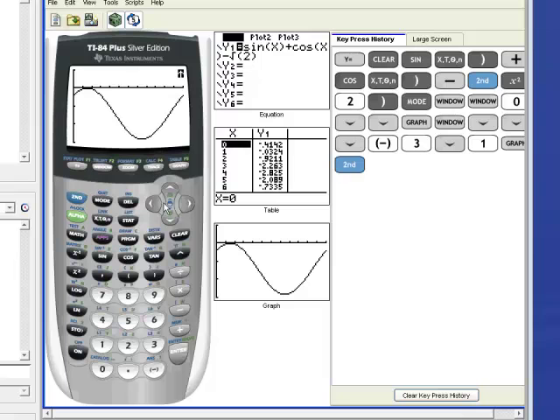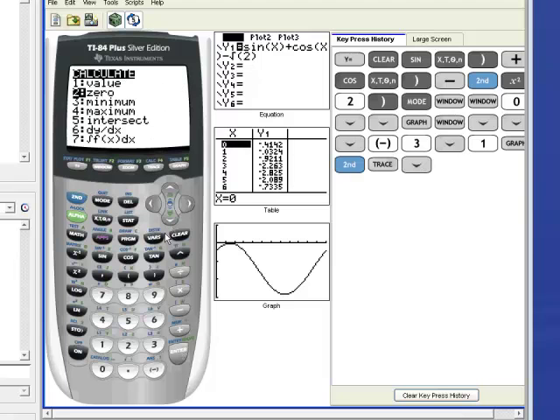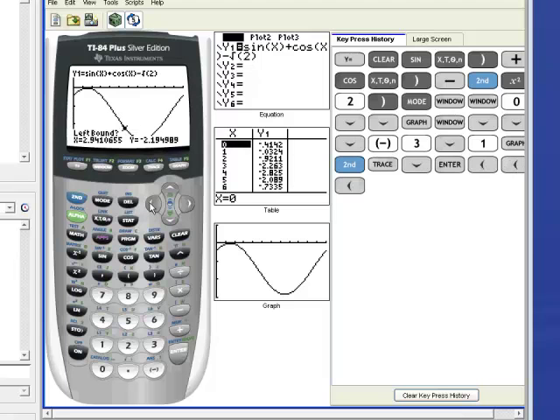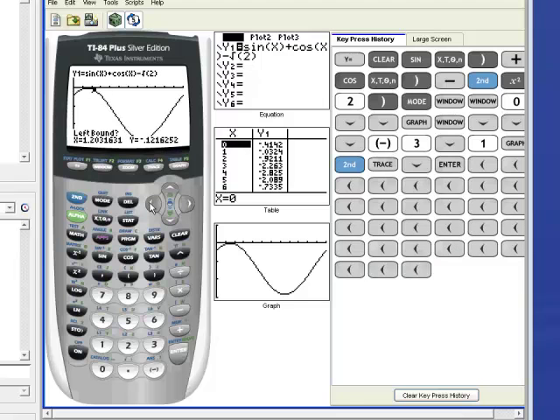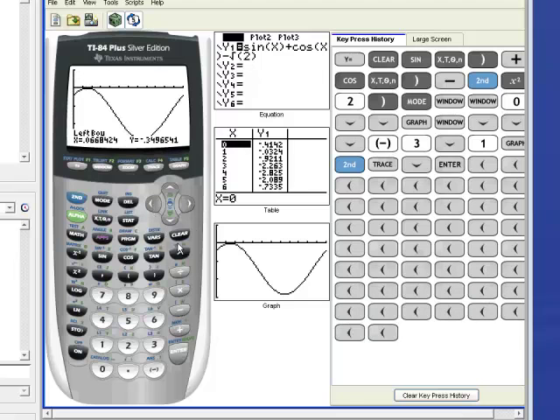Let me just calculate the 0. Let's see where we are. I have to go back here quite a bit. So let's see, right there maybe for the left bound.